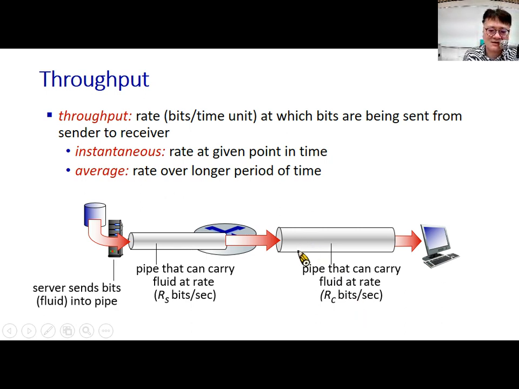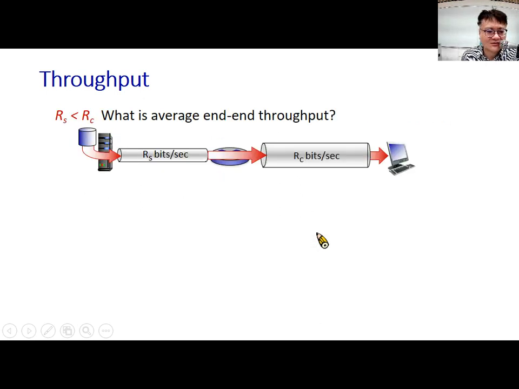So Rc is larger than Rs because it's a thick pipe. The flow goes from here to the thick pipe. So for the throughput, I just say Rs is smaller than Rc.